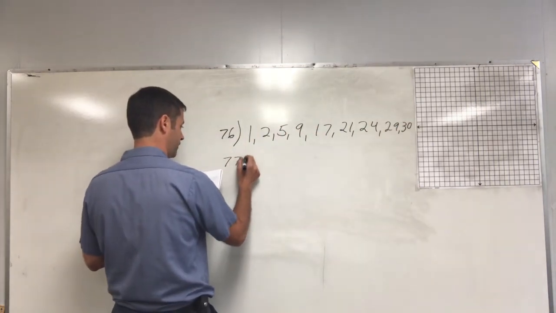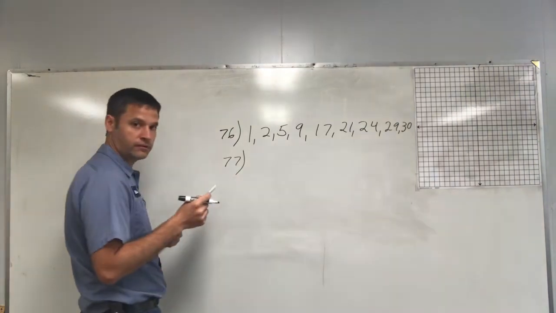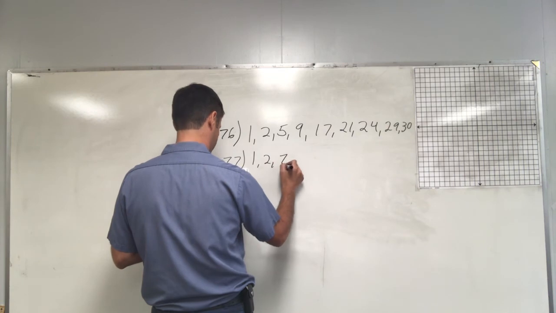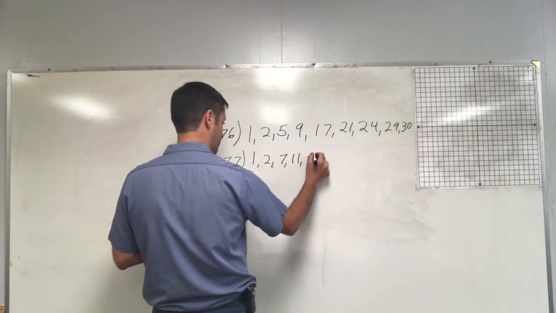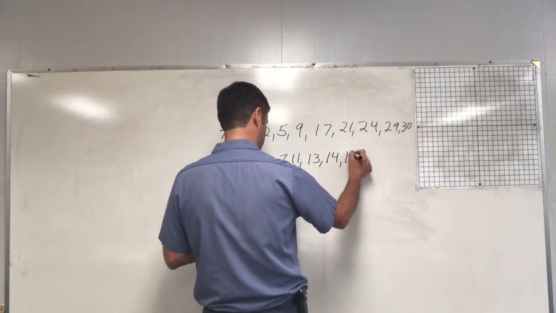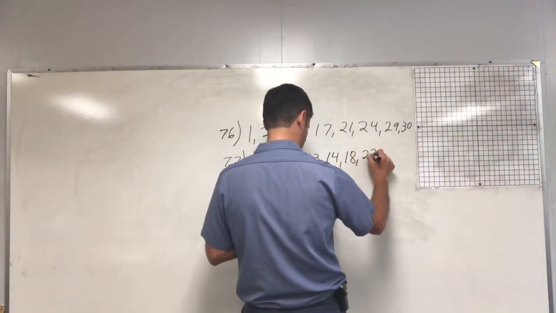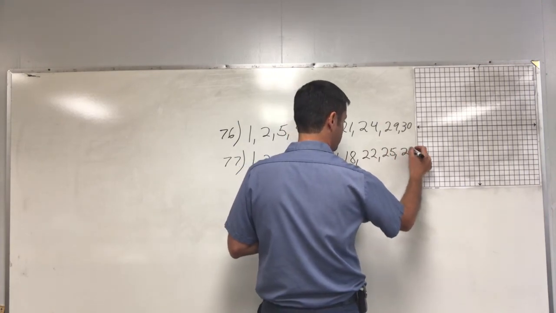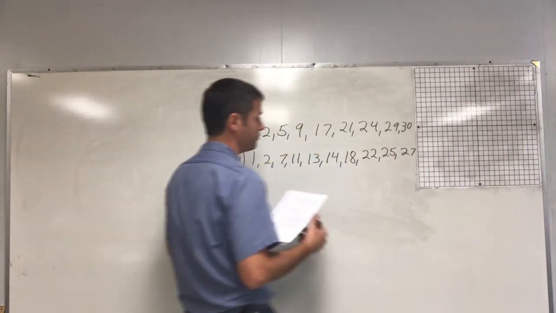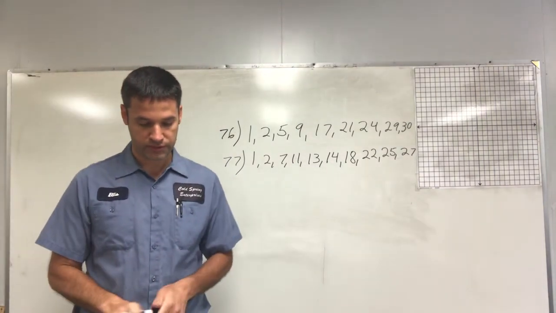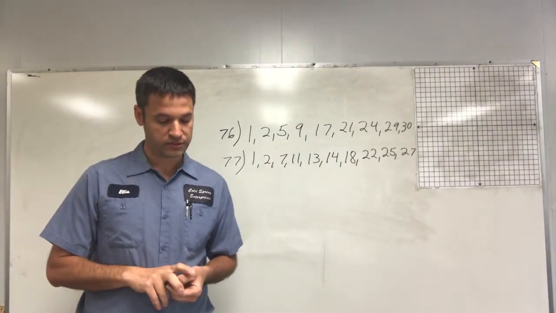Lesson 77 is 1, 2, 7, 11, 13, 14, 18, 22, 25, and 27. It's a good thing I stopped there because I ran out of whiteboard. Homework for lesson 76 and 77. Please have that done by Wednesday morning. Thank you.